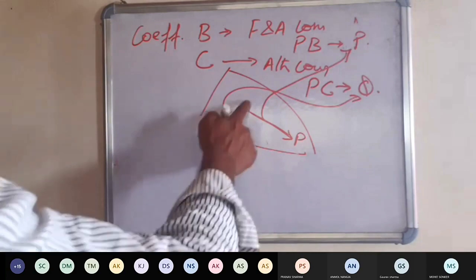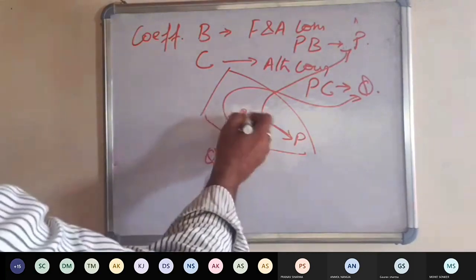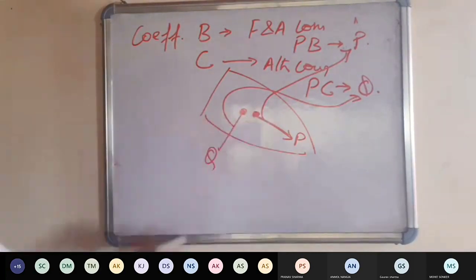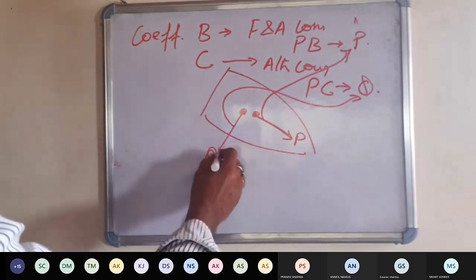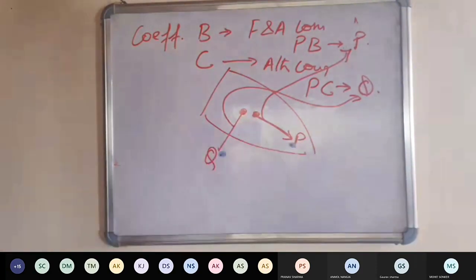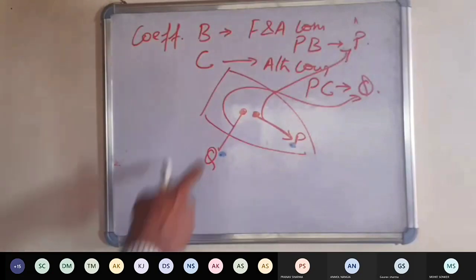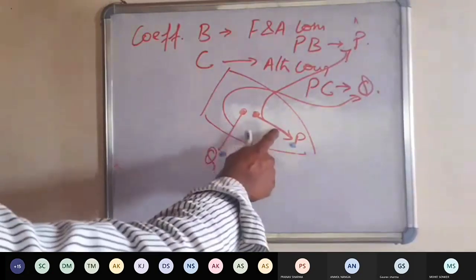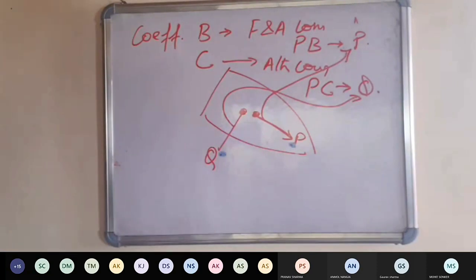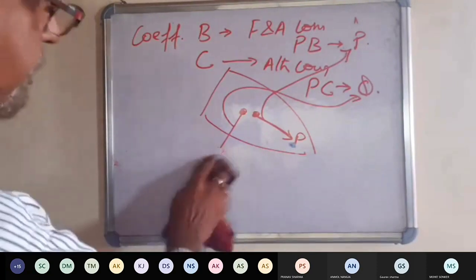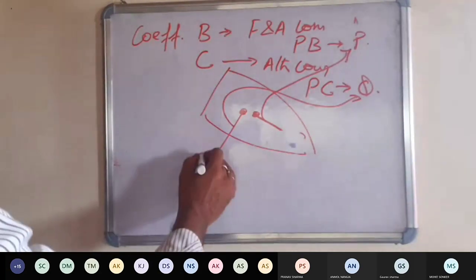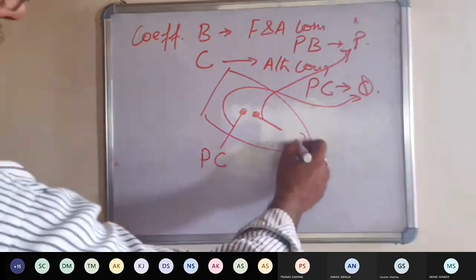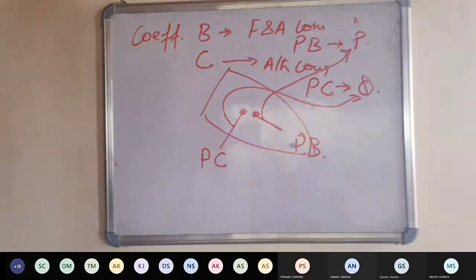In this case, both the ends are developing the red pole here and the blue pole here. That means part magnetism here, part magnetism here. What we are saying is that PC is developed here and PB is developed here.